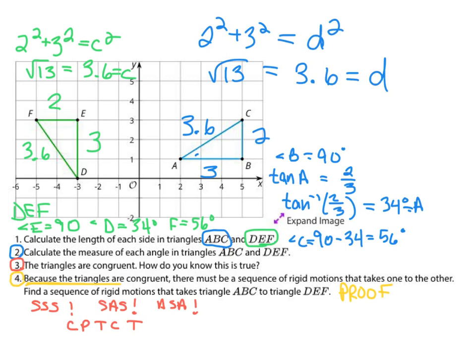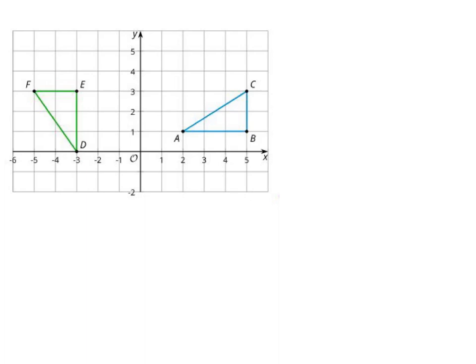We knew that if there was a sequence of rigid motions, then our triangles are congruent. So let's talk about this for a second. I got you a new graph to make it all clean. So we need to figure out how to get ABC to DEF.